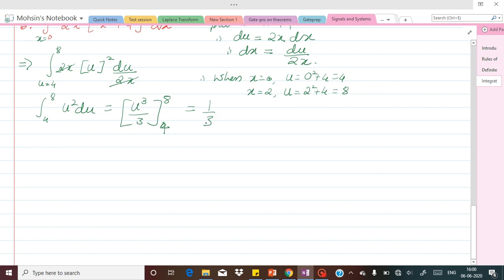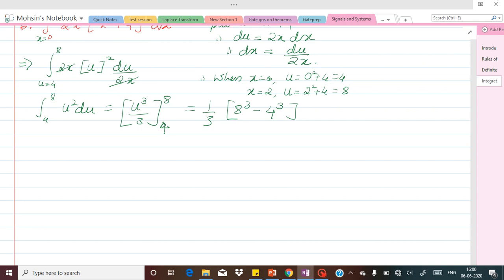Therefore 1 divided by 3, substituting the limits here, first limit is going to be upper limit 8 raised to 3 minus 4 raised to 3. Okay, so that is what we need to substitute here.